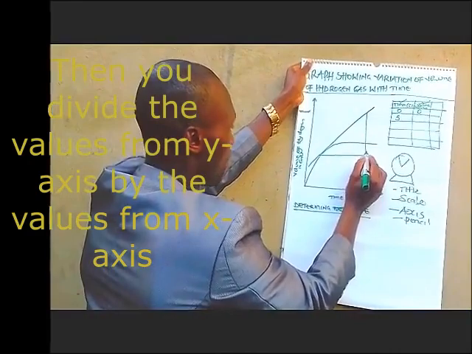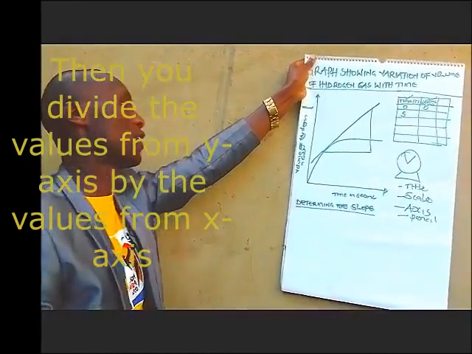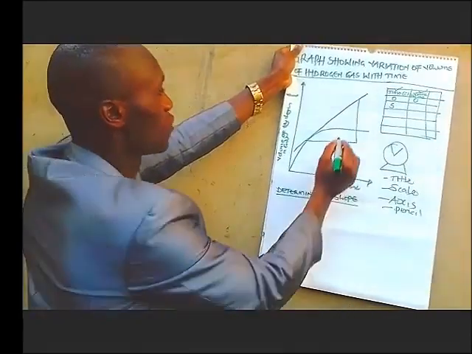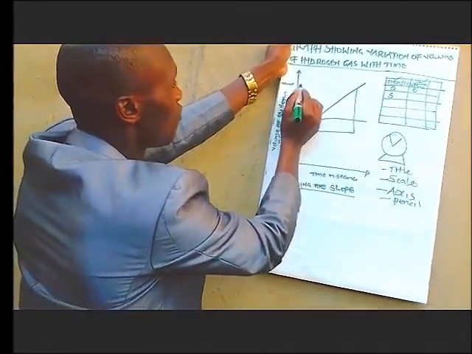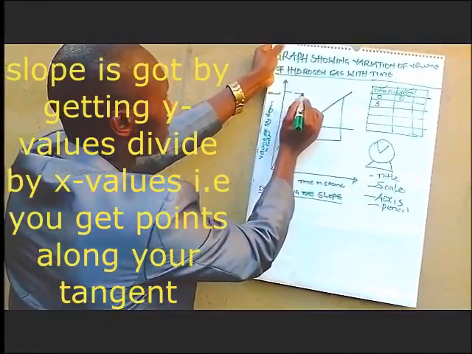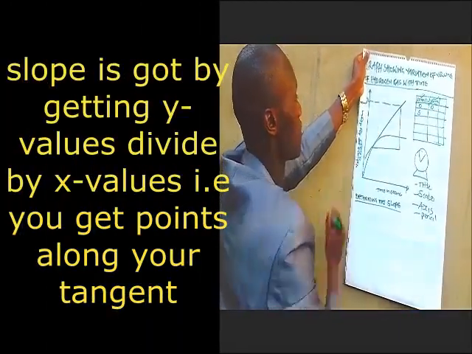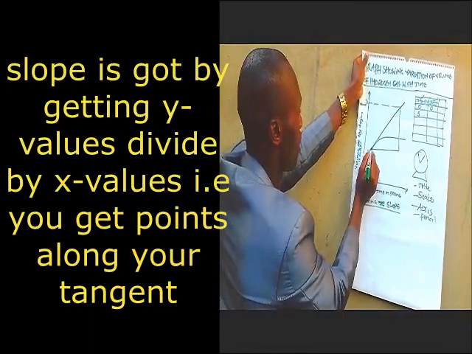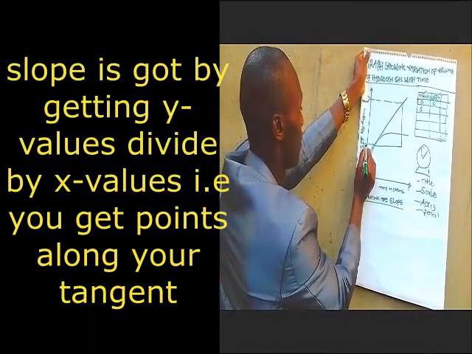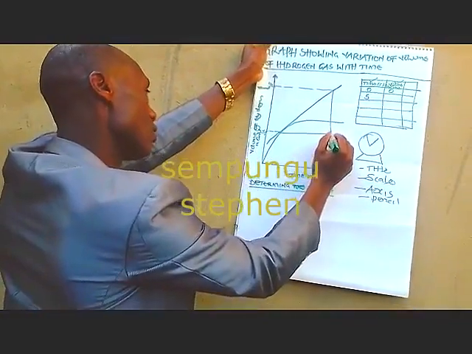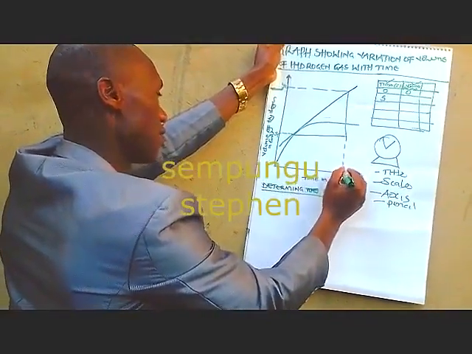After drawing your triangle properly along the tangent, the straight line we have drawn, we trace the values on the y-axis and the values on the x-axis. You'll discover that on the y-axis we have y1 values and y2 values. At the same time, on the x-axis we have x2 values and x1 values.